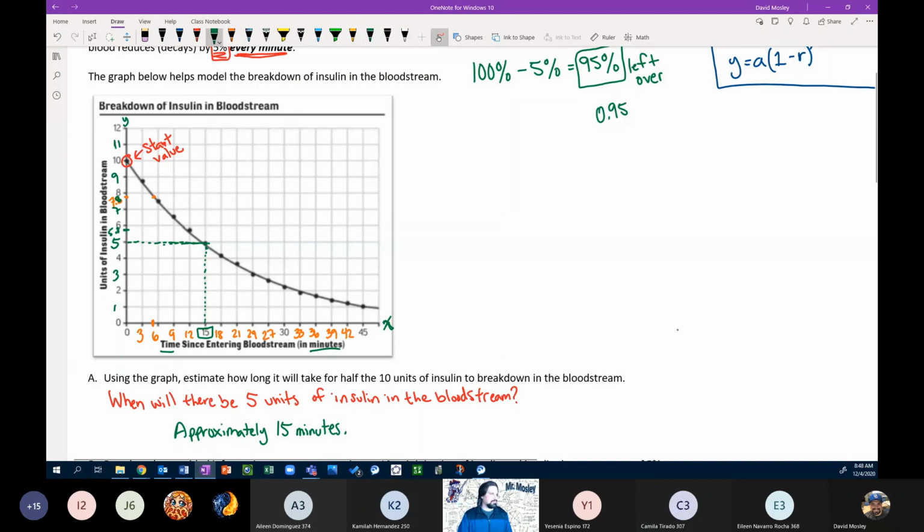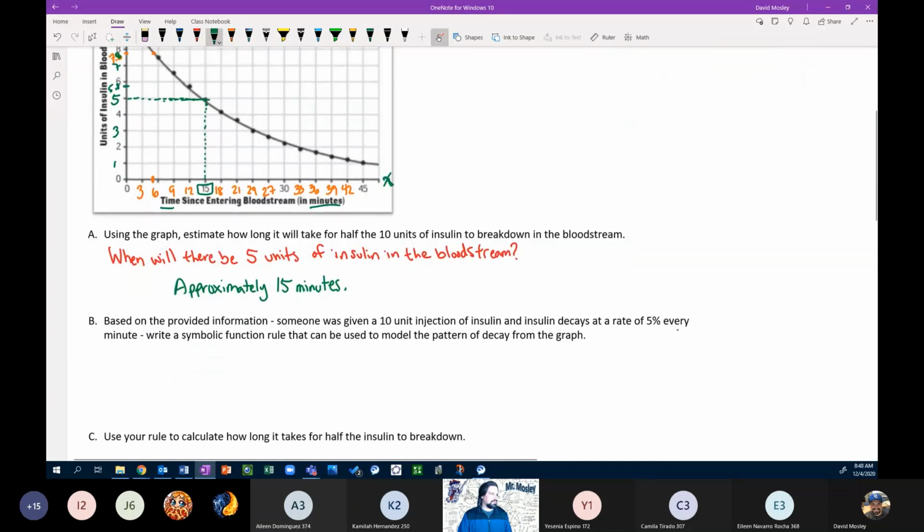So then, part B. Based on the provided information, we're given a 10-unit injection of insulin, and insulin decays at a rate of 5% every minute. We want a symbolic function rule that can be used to model the pattern of decay from the graph.